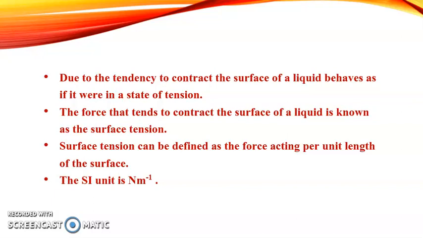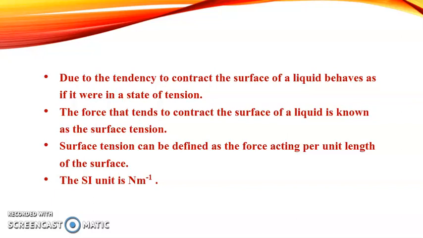The molecule at the surface will experience an unbalanced downward force. This unbalanced downward force tends to make the surface acquire a minimum surface area, so the surface will contract. Due to this, the surface of the liquid experiences a state of tension.